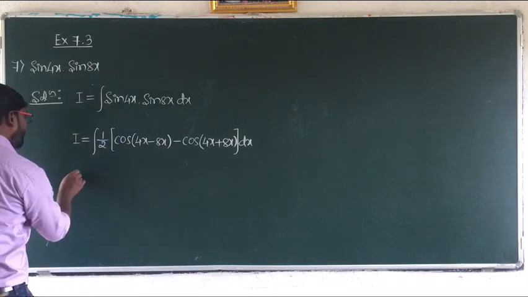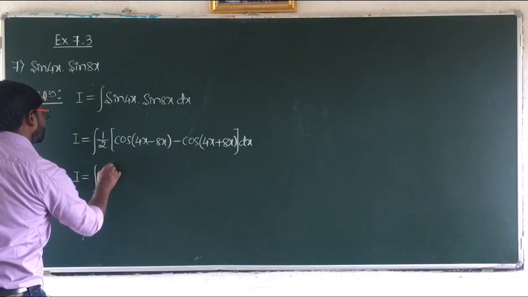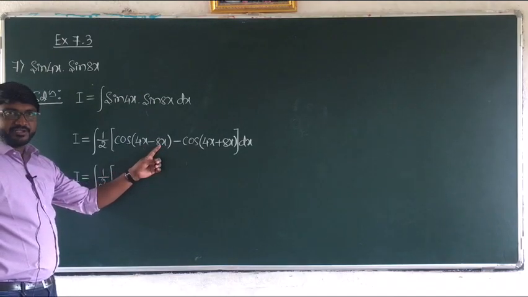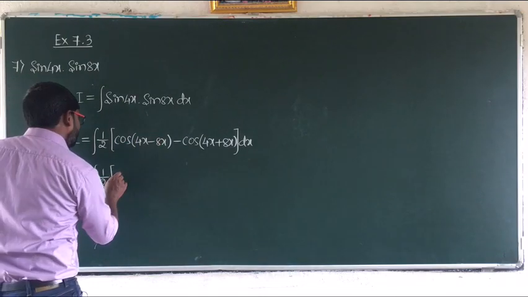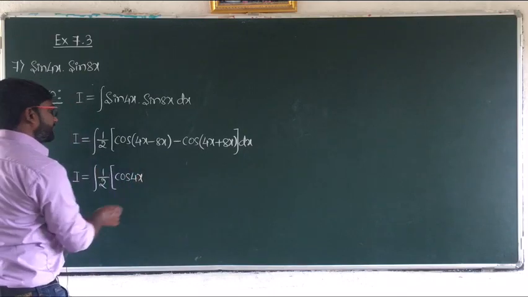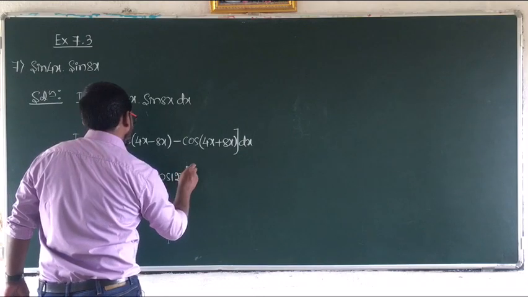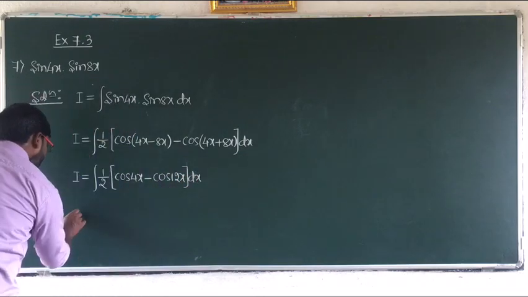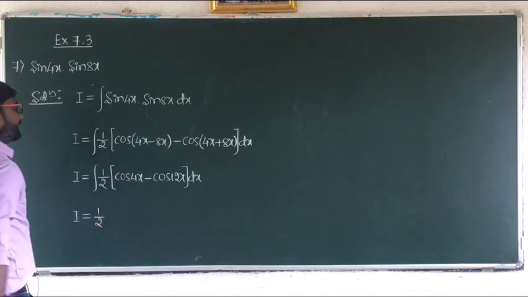So, now I is equals to integral 1 by 2, write it as it is, then 4x minus 8x will be minus 4x, cos of minus 4x will be cos 4x, because cos of minus theta will be cos theta. We get cos 4x, then minus cos 12x, and then dx.